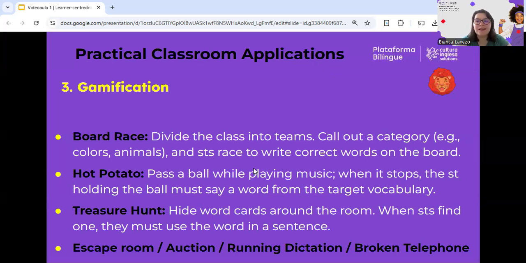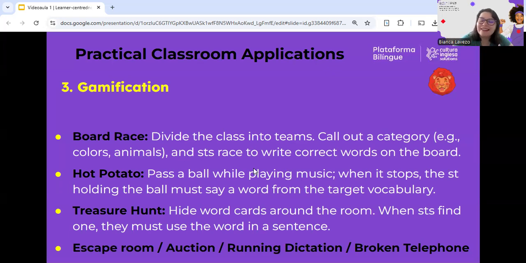Running dictation, they have to go and dictate something to another friend. They see something, they go back and they dictate something. Broken telephone, which used to be called Chinese whispers, now broken telephone. So you whisper something into somebody's ear and they have to understand what it is.